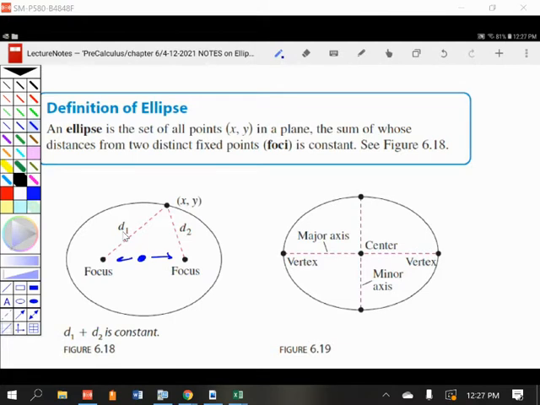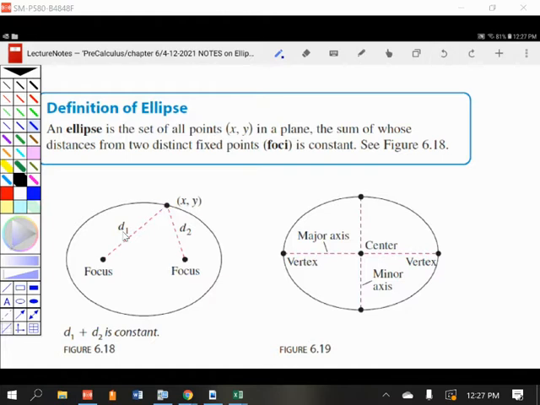What would then happen is you'd almost have like 2 radii, but they're not the same. So D1 and D2 do not have to be the same length. D1 and D2 are the distances from each focus to the point on the ellipse. Those 2 distances have the same sum. D1 plus D2 is constant for every point on the ellipse.